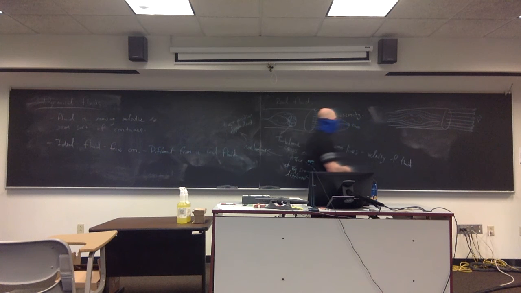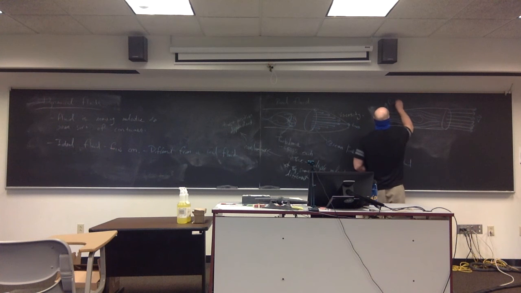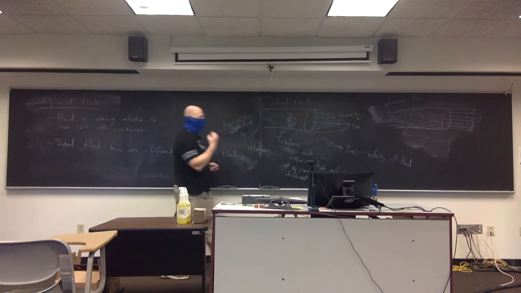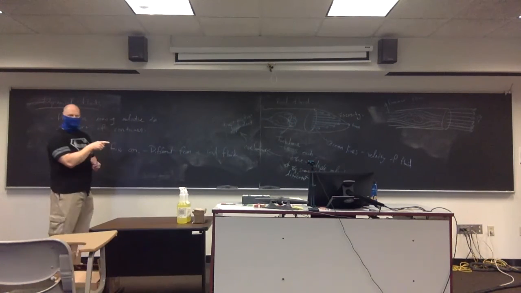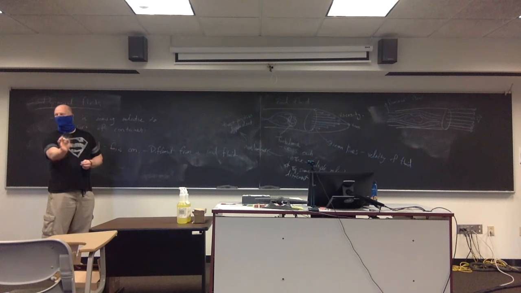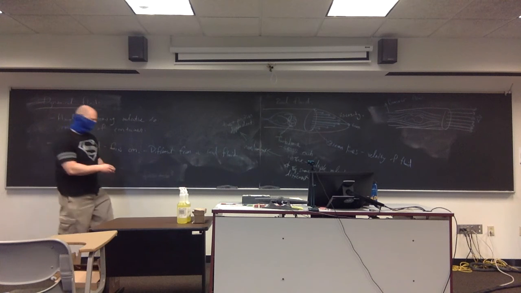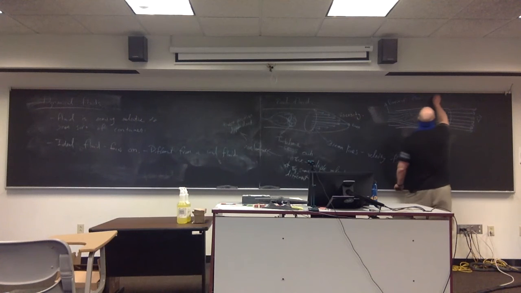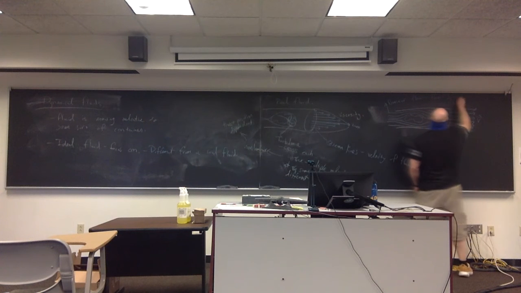So something like this. So this is what's known as laminar flow. What laminar flow basically means is that the field lines here, these streamlines, are constant at all points and constant at all times. What this actually means is that the flow is constant.